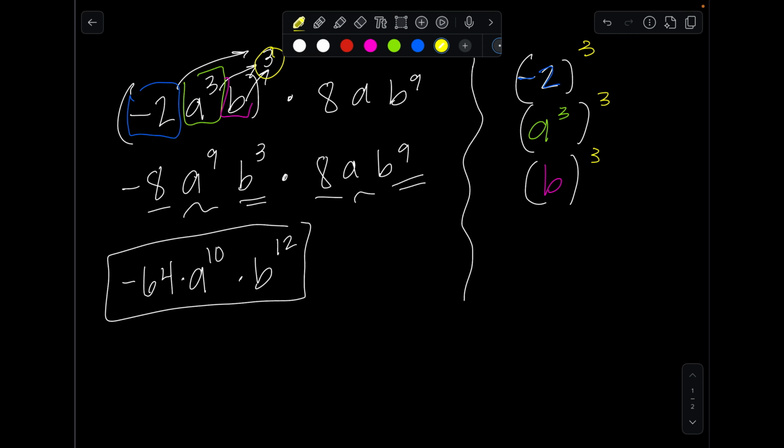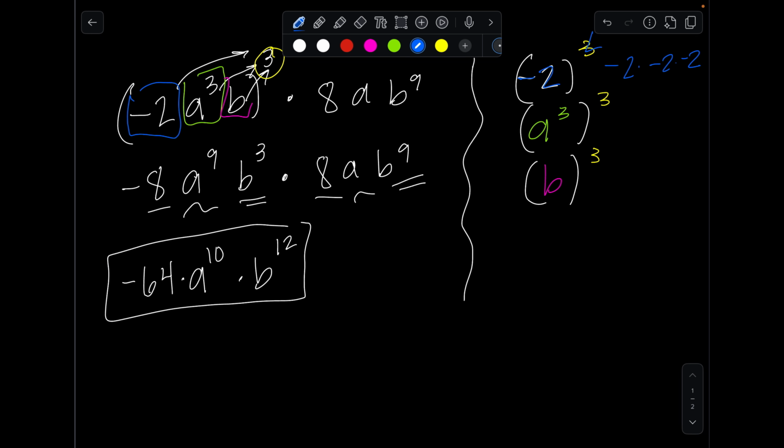So what does this mean? Negative 2 to the third power means negative 2 times negative 2 times negative 2. So negative 2 times negative 2 is 4, times negative 2 is negative 8. And it's negative because there are 3 negatives being multiplied, which will end up being a negative.